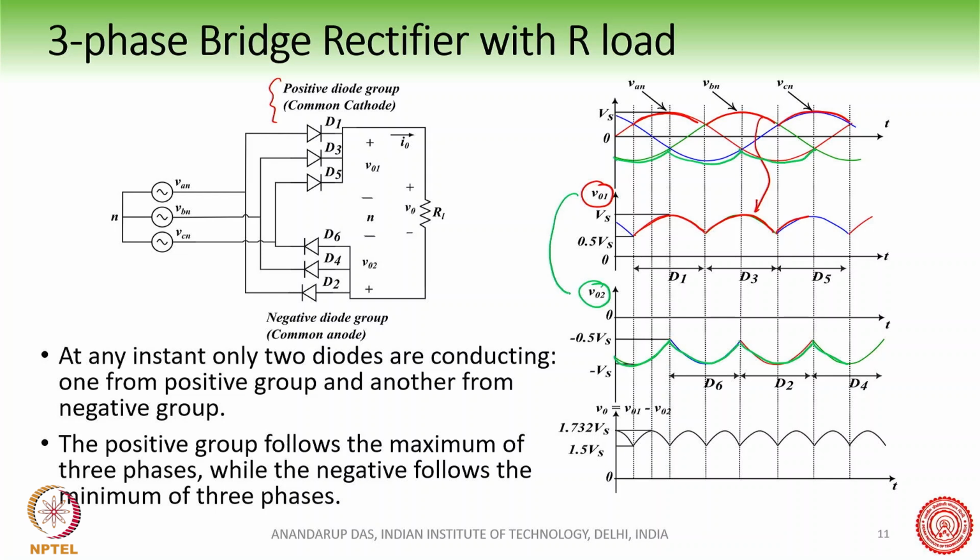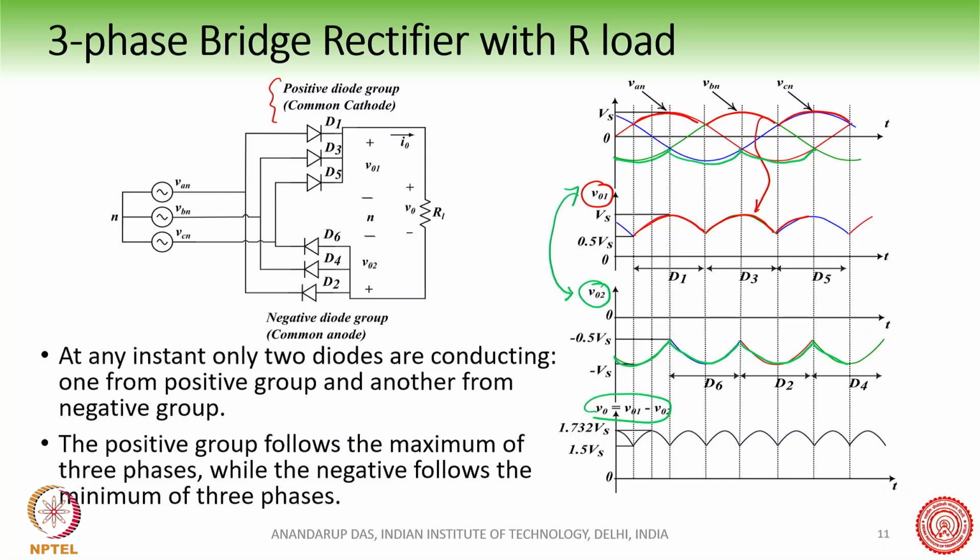Then we have V01 and V02 by tracking the positive envelope and the negative envelope. So how much is the output voltage V0? If you just see here, it is nothing but V01 minus V02.